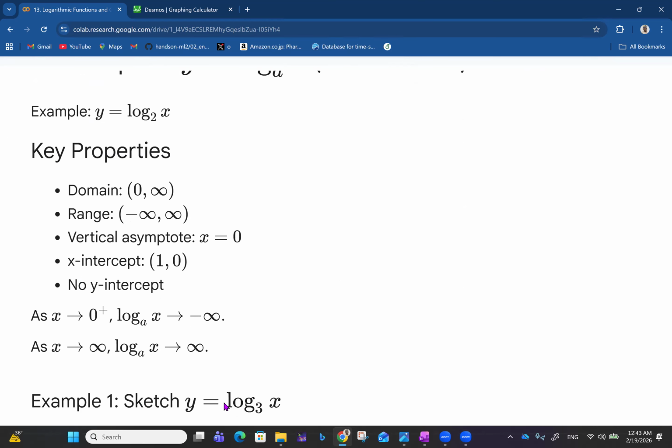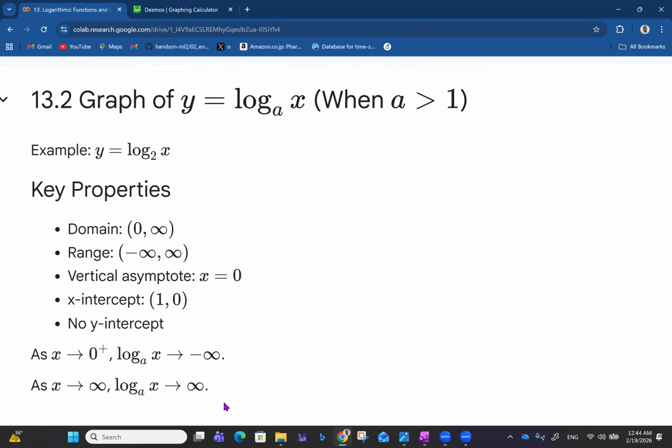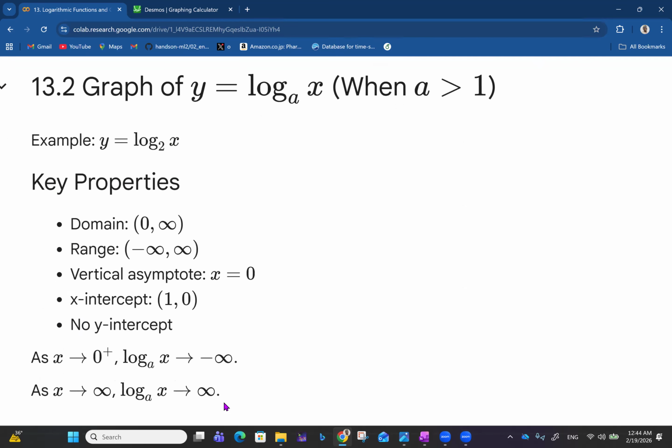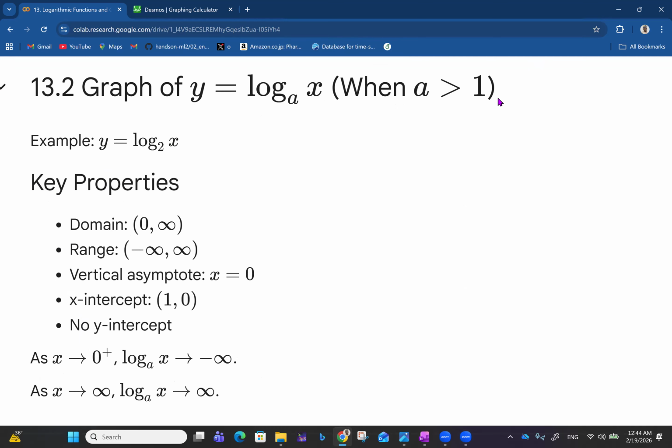So we go for the next thing, which is the graph of y equals log x to base a, when a is greater than 1. For instance, you have y equals log x to base 2. The key properties are that the domain is from 0 to infinity. The domain, that's the possible values of x, will lie between 0 and infinity. And then the range, that is the values of y, will be from negative infinity to positive infinity.